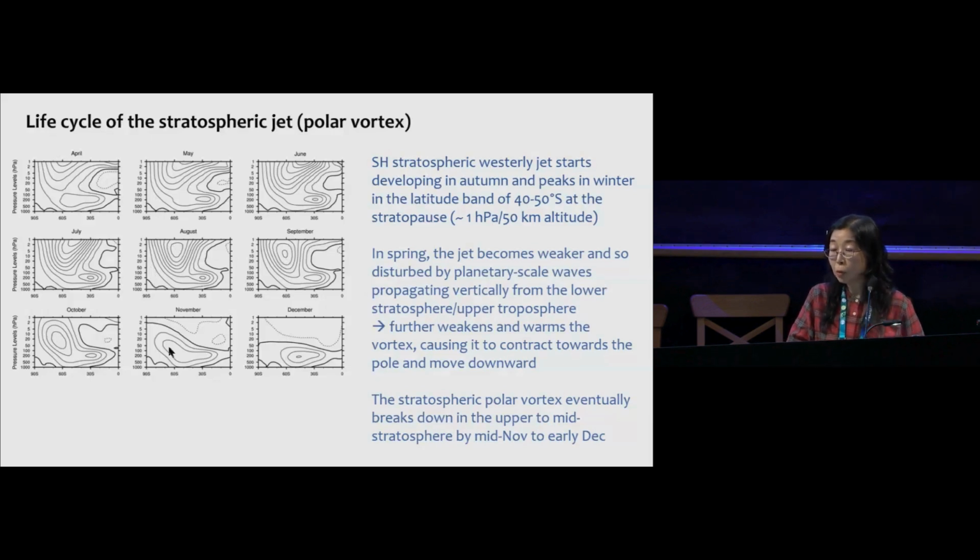This stratospheric polar vortex eventually breaks down in the upper to mid-stratosphere by mid-November to early December. So this is a general life cycle of the Southern Hemisphere vortex.